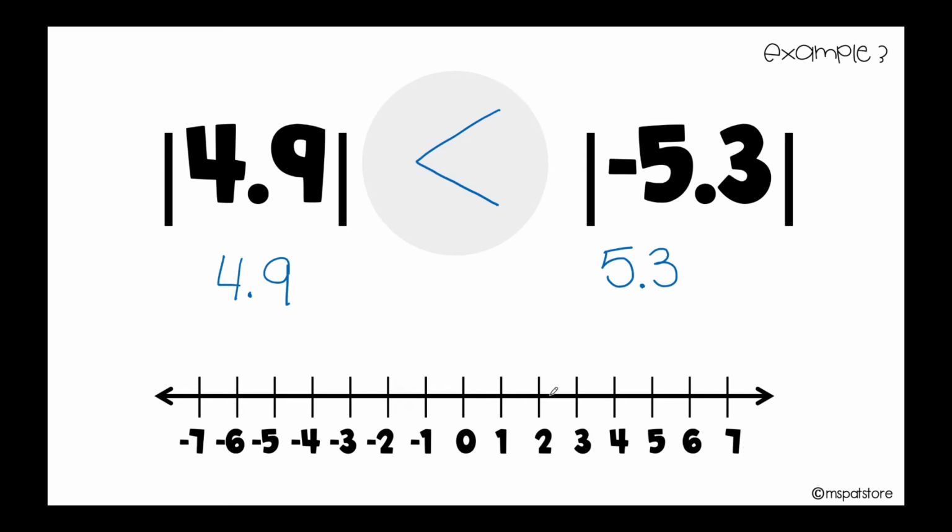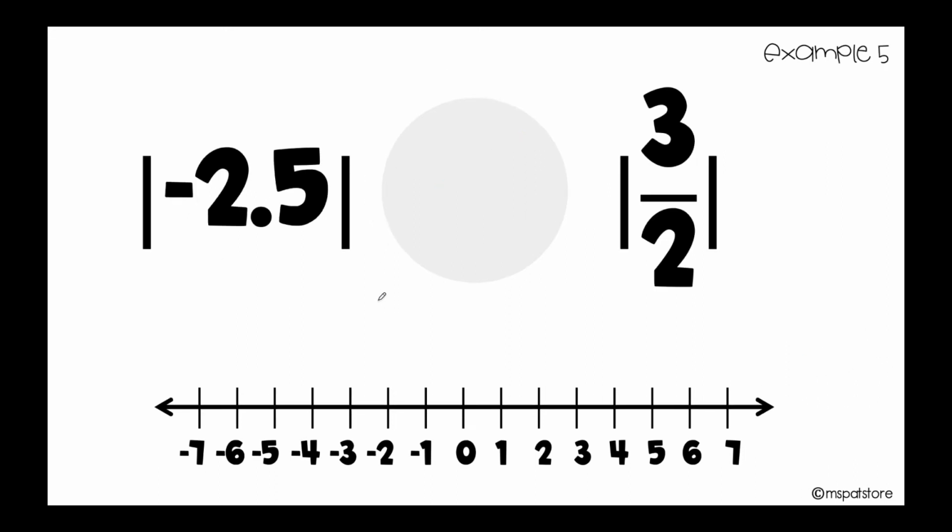If you cannot see it right away, you can line up the decimal points, 5.3, 4.9, and then you start doing it place value by place value. 5 and 4, well, 5 is greater. So this number is greater than 4.9, okay? There are cases where you need to compare a decimal number to a fraction.